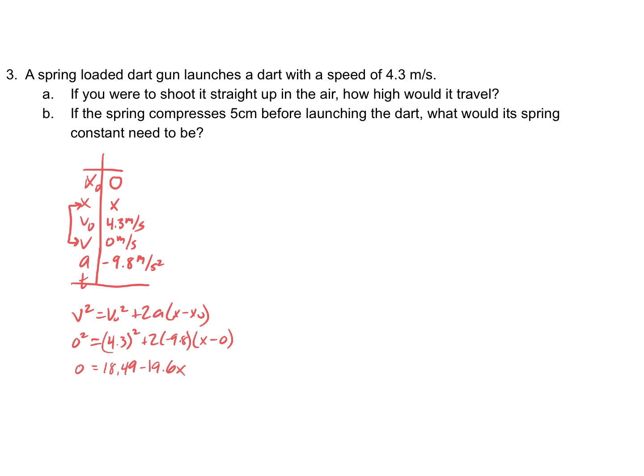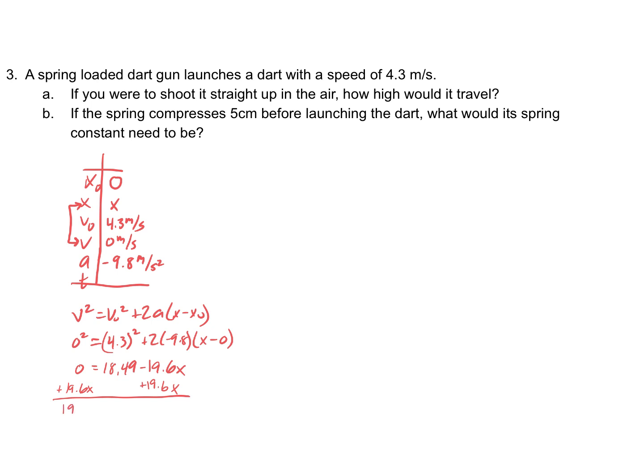So like this. You can either subtract the 18.49 to the other side or add the 19.6. I like the x to be positive, so I'm going to go ahead and add the 19.6. You should get the same answer if you subtract the 18.49 over. The only difference is you're going to have negatives there.